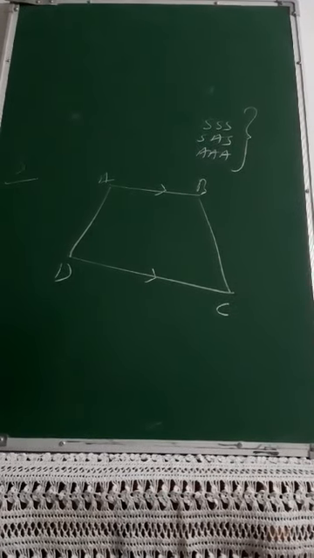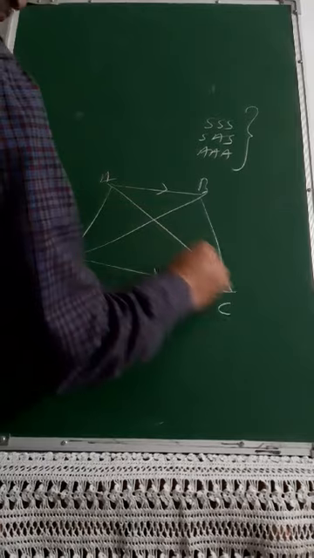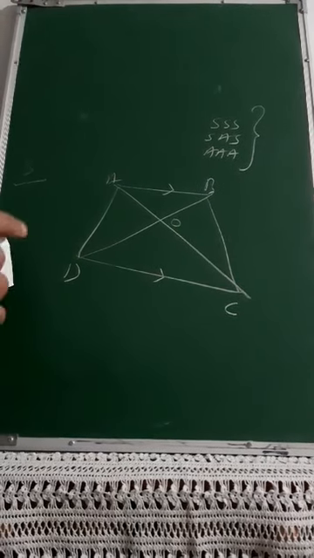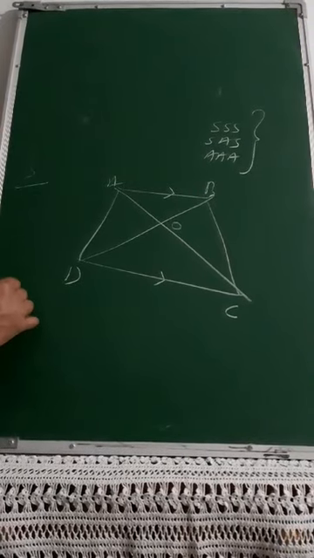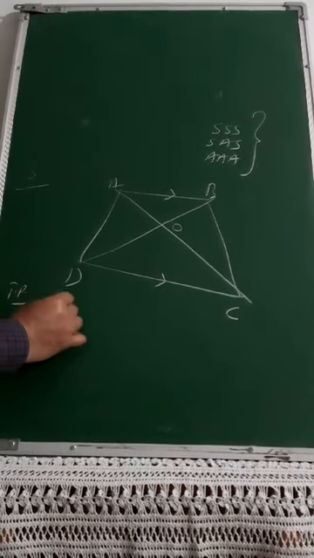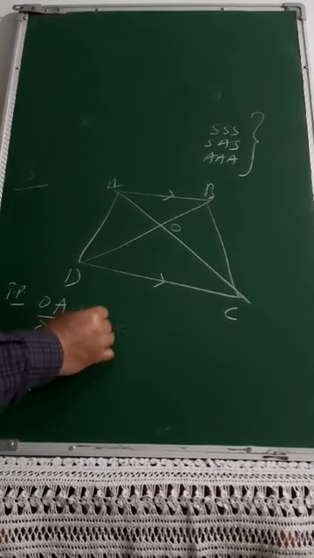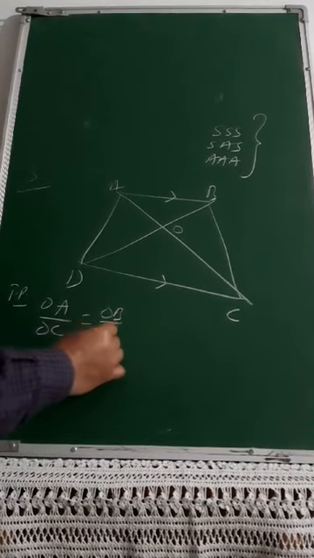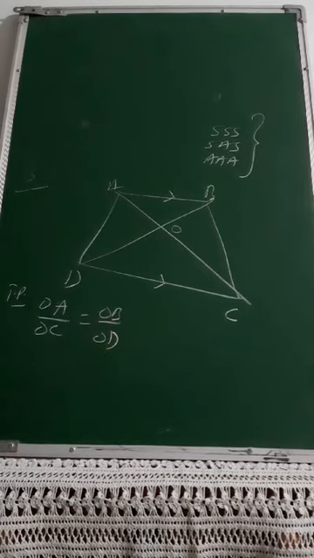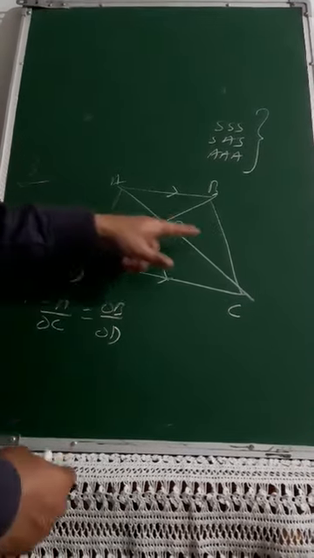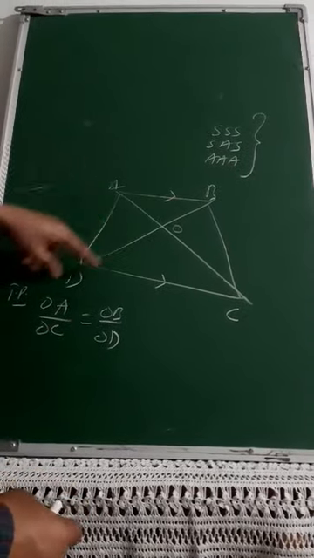They intersect each other at O. Using the similarity criteria, now the question is conditional, and once again I need to prove the same thing, that is OA upon OC is equal to OB upon OD.